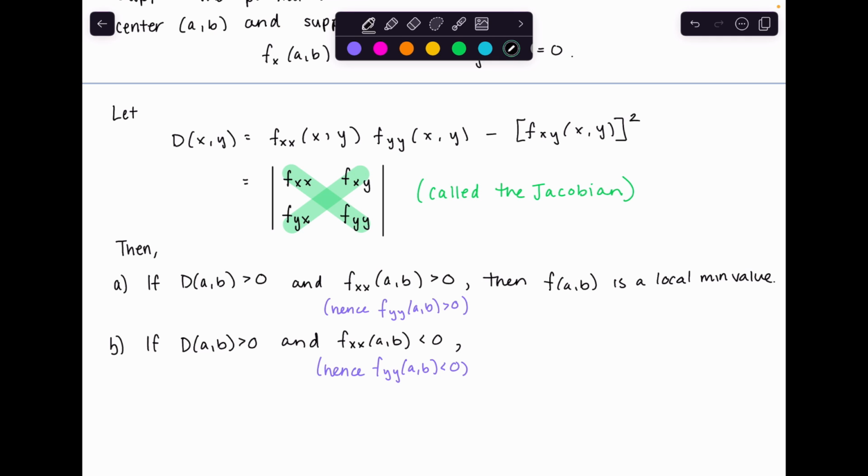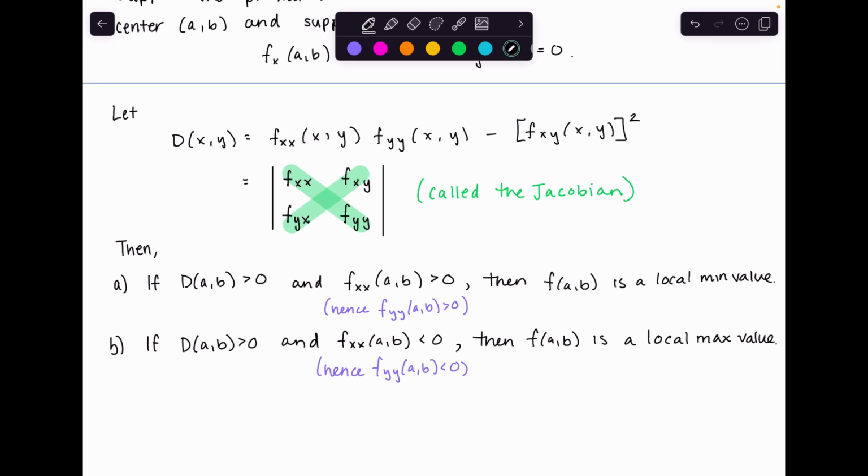Well, if your second derivative is negative, you can think of that as being concave down. So it would have this kind of shape in the x direction. So immediately you have a local maximum instead. So the z value corresponding to AB is a local max value. Okay.